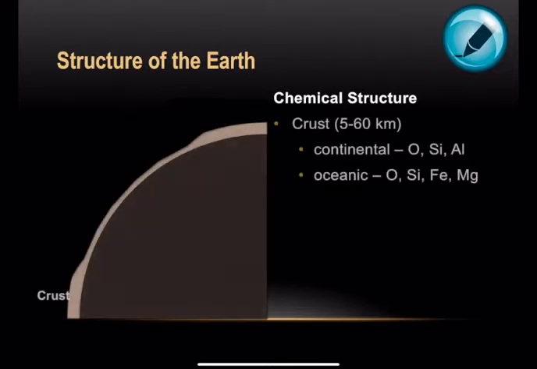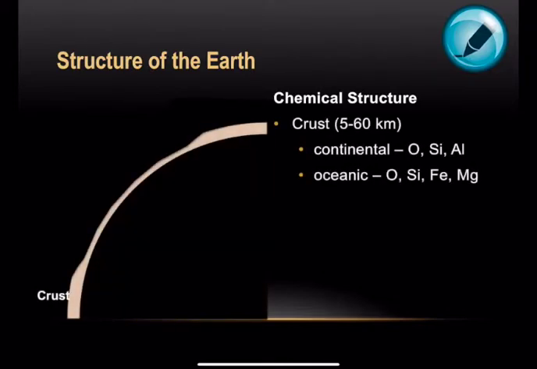All right, so the Earth's chemical structure starts off with its crust. This is the very outside of the Earth, between 5 and 60 kilometers thick. We've got two types of crust. We've got continental. That's this taller, thicker piece. That's why sometimes it can be about 60 kilometers. And we've got oceanic crust. This is the crust that's underneath the ocean.